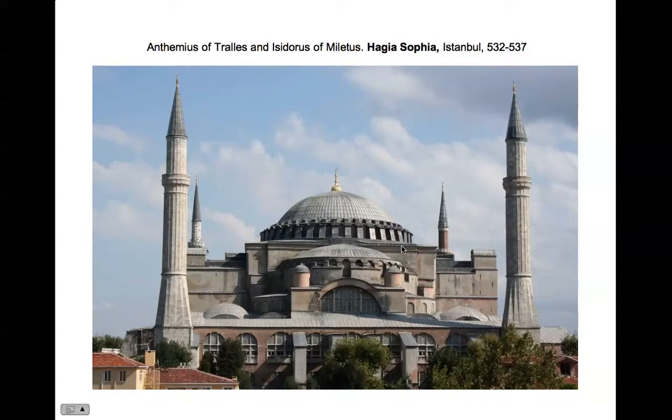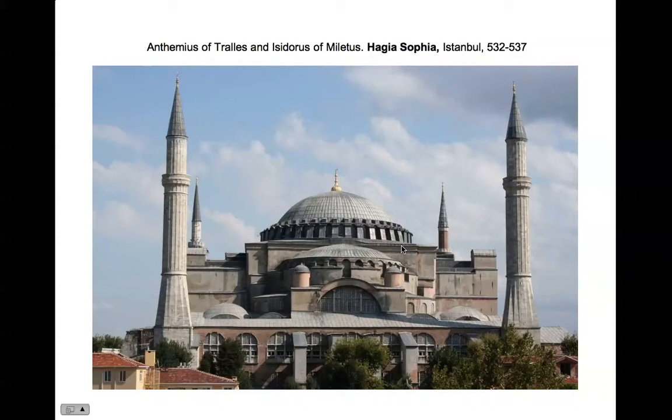He employed two scholars and architects, mathematicians, Anthemius of Tralles, who studied geometry and optics. Optics will be important because that's the way we perceive and see things, and that became really important as you look at the interior of the church. And Isidorus of Miletus, a physicist who studied vaulting, so he knew about how to create this structure.